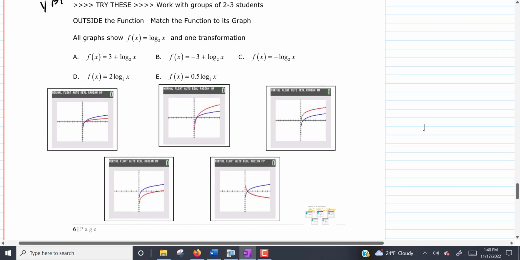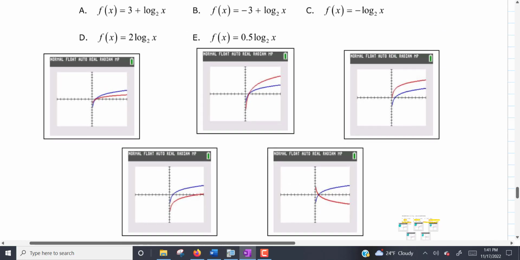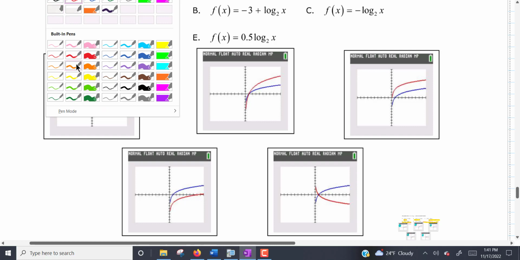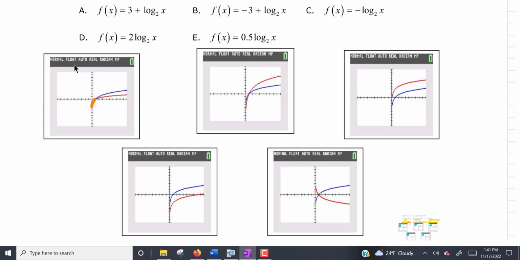Okay, so what I want you all to do for a minute here is I've given you 5 graphs. You can't see colors on here real well, but let me highlight this so you can understand a little better. The one that's in blue is the one that's not the transformation. I'm going to highlight over the original function. I did these all on my graphing calculator.